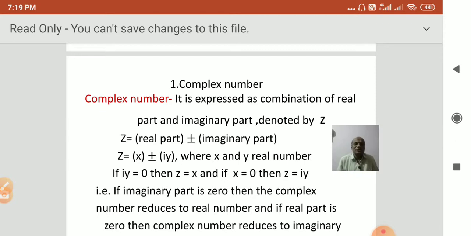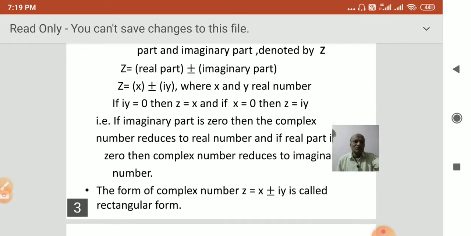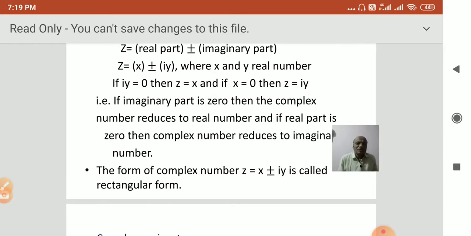If the imaginary part is 0, then the complex number reduces to a real number, and if the real part is 0, then the complex number reduces to an imaginary number. The form Z equal to X plus or minus iY is called the rectangular form because X and Y are rectangular coordinates.